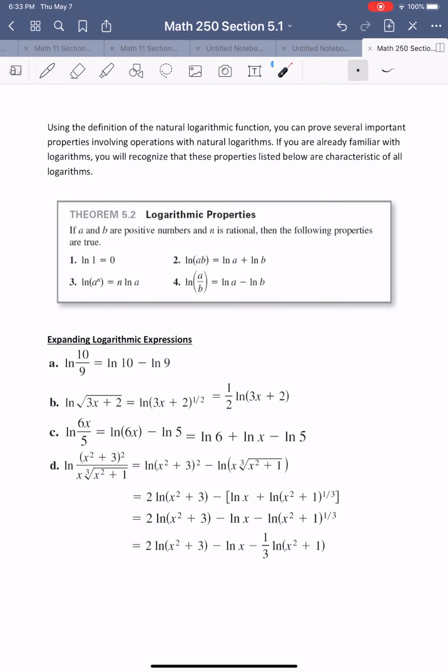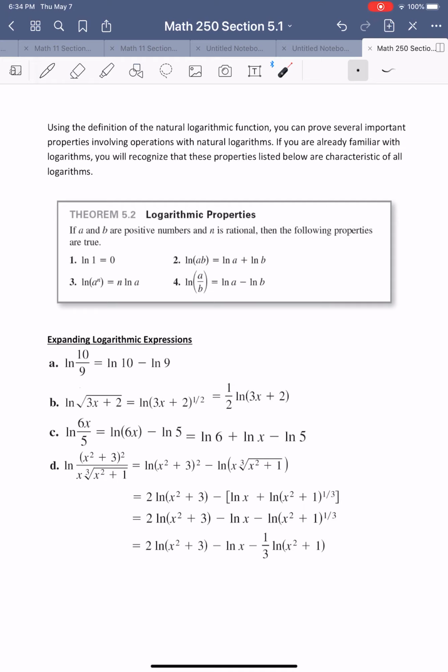Using the definition of the natural logarithmic function, you can prove several important properties involving operations with the natural logarithm. If you are already familiar with logarithms, you will recognize the properties listed below as characteristic of all logarithms. For logarithmic properties, a and b are positive numbers, n is rational, and the following properties are always true. ln 1 is always equal to 0. ln ab you can split as ln a plus ln b, so the log of a product becomes a sum of logs.